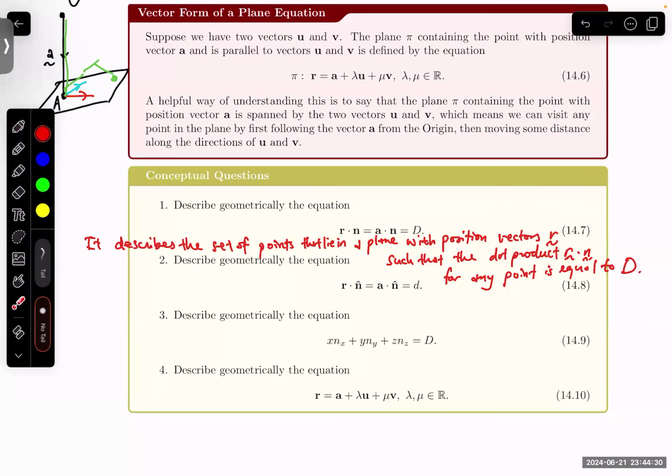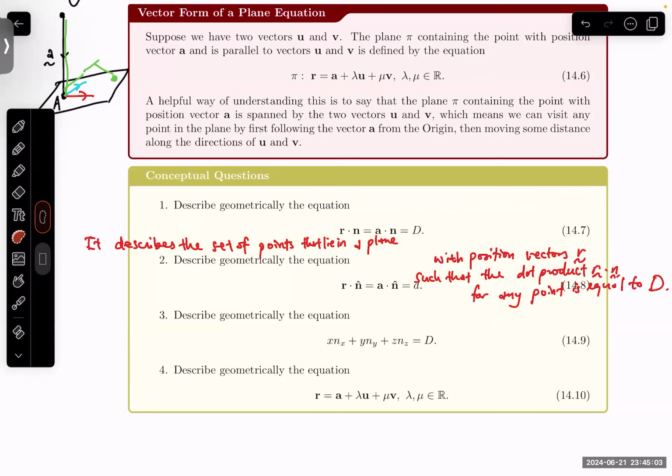All you need to do is literally describe the scalar product form of the equation. You just tell them that any arbitrary position vector R, when you dot it with the normal vector, you get the same number. So it describes a set of points that lie in a plane.